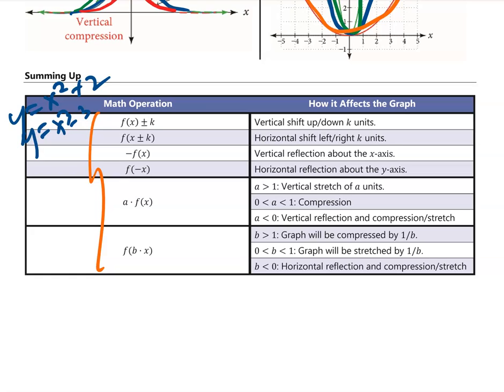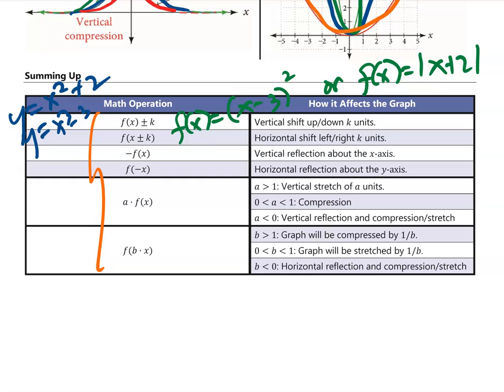And then horizontal shift left to right. If you want the function f of x equal to x minus 3 squared, that is 3 to the right. Or if you want f of x equal to absolute value of x plus 2, that plus 2 means it is to the left.